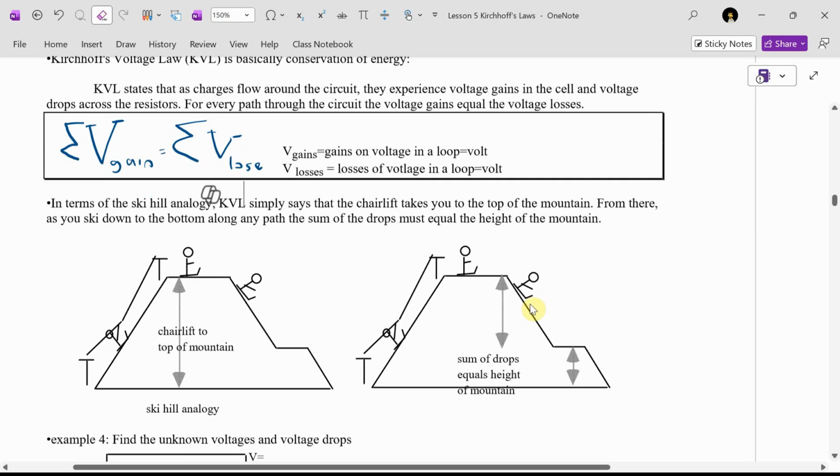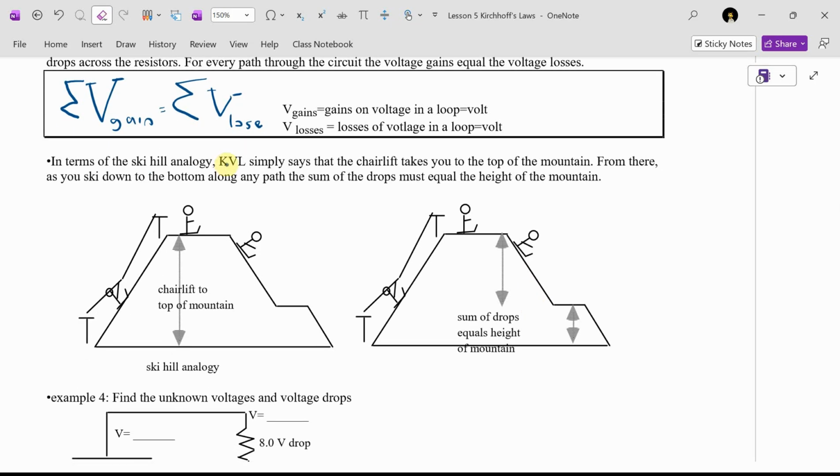So in my ski hill analogy, Kirchhoff's voltage law says if the chairlift takes you to the top of the mountain, you have to lose the height, the voltage you gained. So let's suppose we have a battery and it is a 12-volt battery. Here is our battery, 12 volts. And you go through 2 ski hills, 2 resistors.